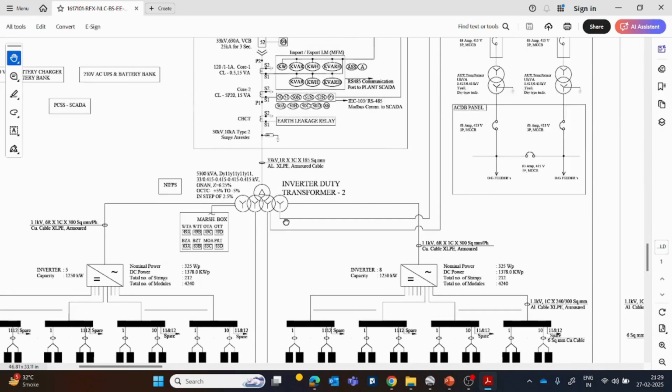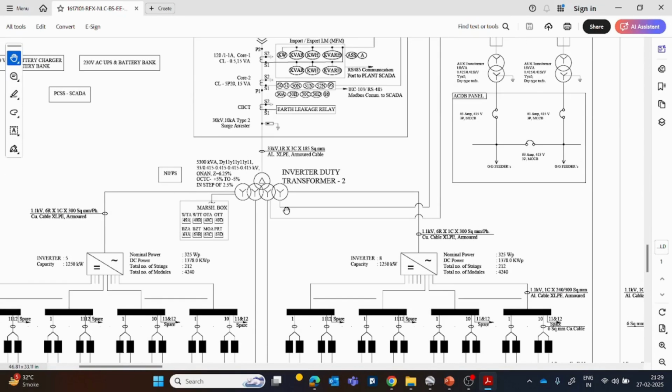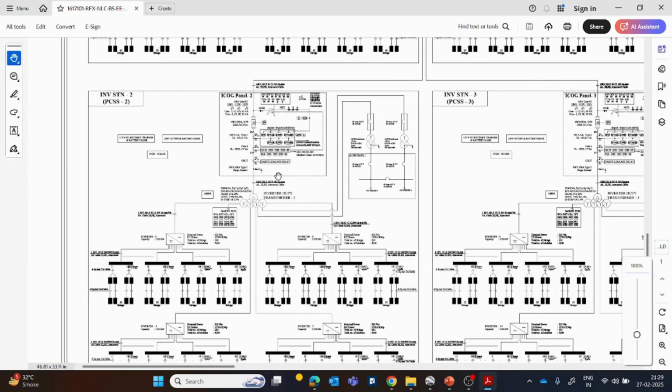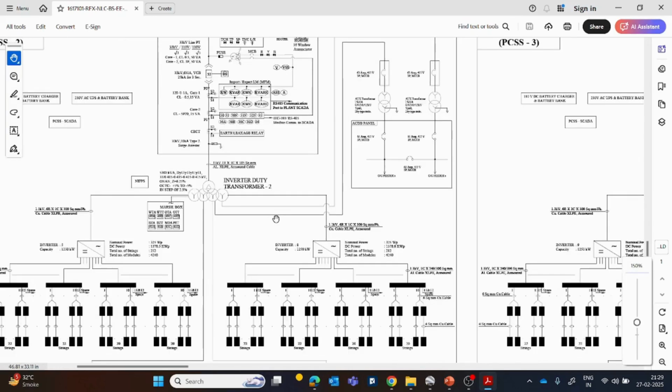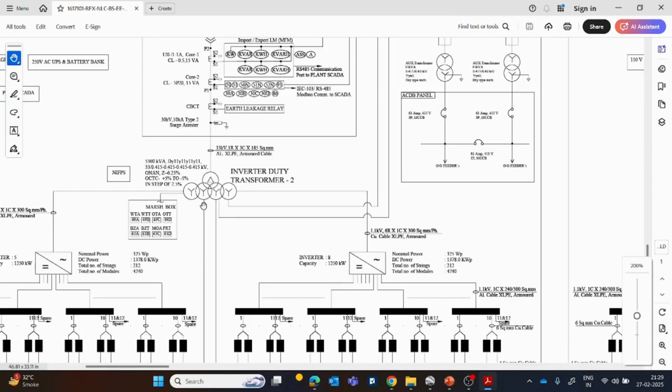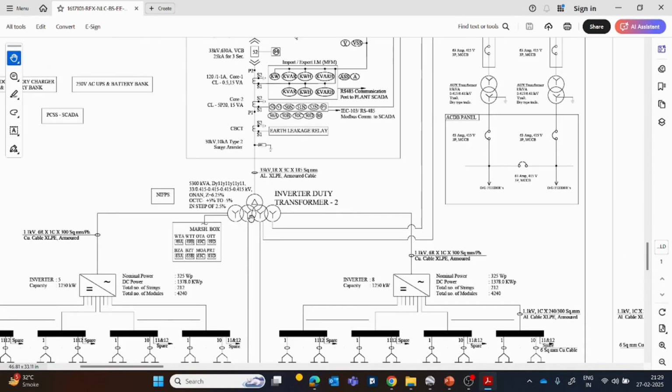Moving on. So what happens here is, let me first try to show this. This is 1250. So this one is a pretty old project, almost 8 years back. Now what you see here is pretty simple.